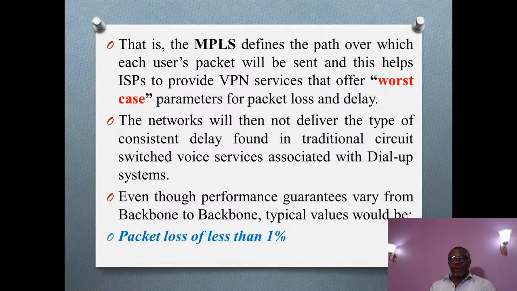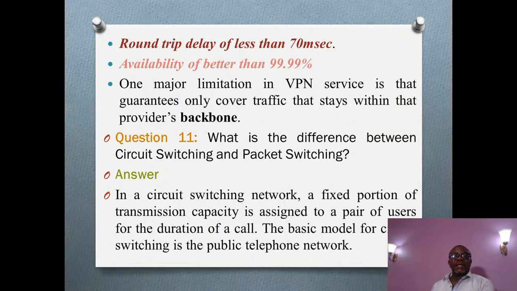Even though performance guarantees vary from backbone to backbone, typical values will be that you have packet loss of less than 1%, which is acceptable. Then you have a round trip delay of less than 70 milliseconds, which is also very acceptable. And above all, you have an availability of better than 99.99%.